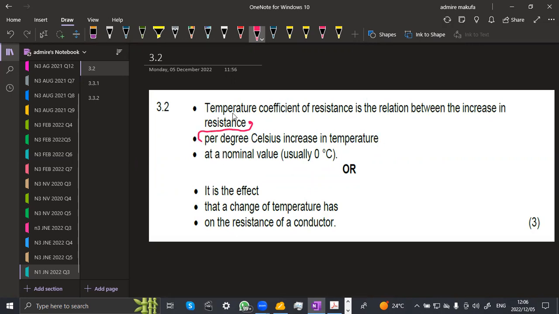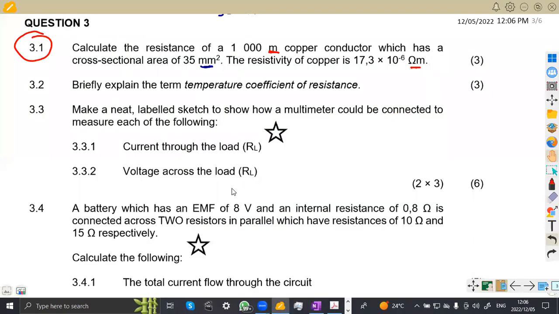So the temperature coefficient of resistance is the relation between the increase in resistance per degree Celsius increase in temperature at a nominal value, usually 0 degrees Celsius. So it's a continuation. Don't make it in point form like that. Or it is the effect that a change of temperature has on the resistance of a conductor. It's also a continuation there. So you can choose which one is the best from the two that we had.